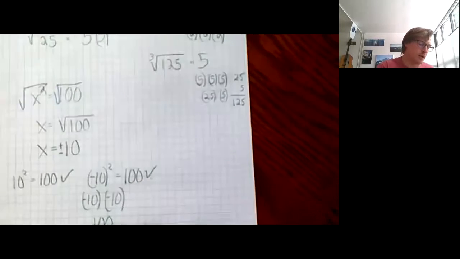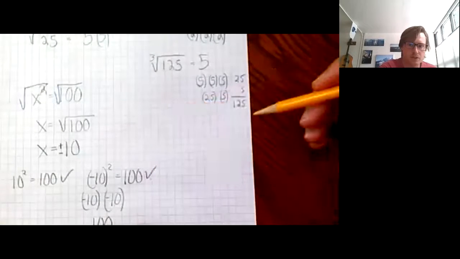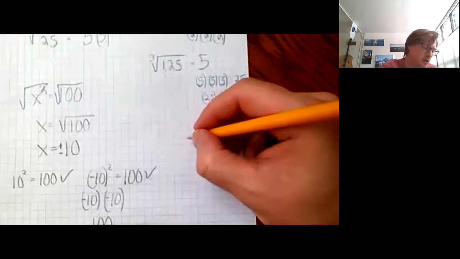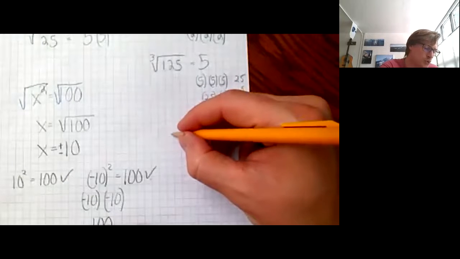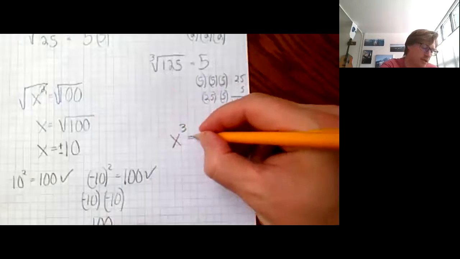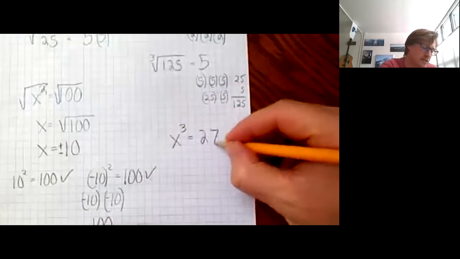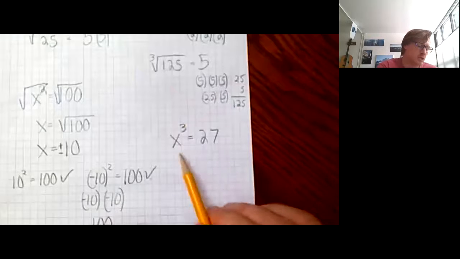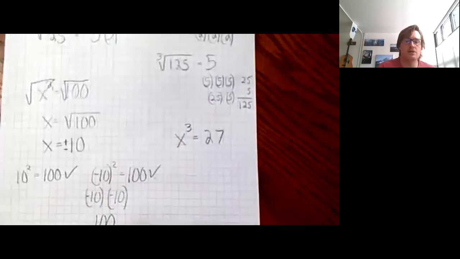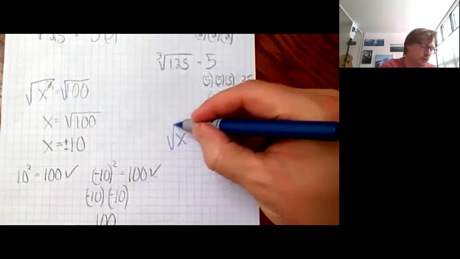Let's do a cube root one. Very similar to the square roots, only we're not going to have to deal with the negatives there. Let's do x to the third power equals 27. So just like what we did here, we need to cancel out that third power there. And to do that, we're going to use the cube root.